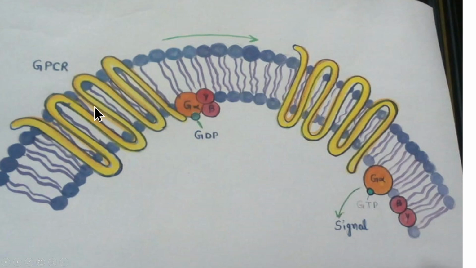There is another name for them, which is the serpentine receptors, because the segments are passing in and passing out of the cell membrane multiple times in a snake-like fashion.